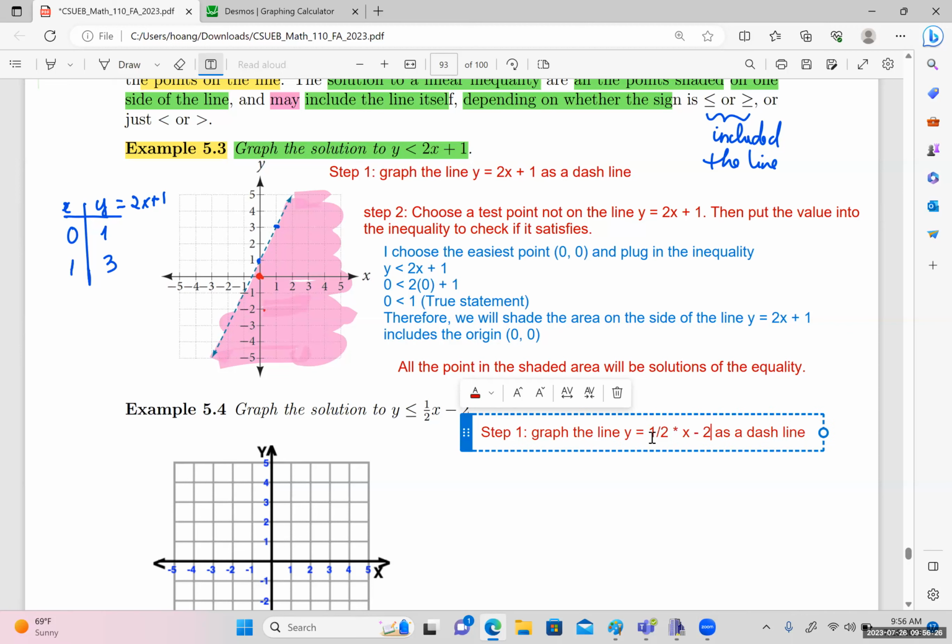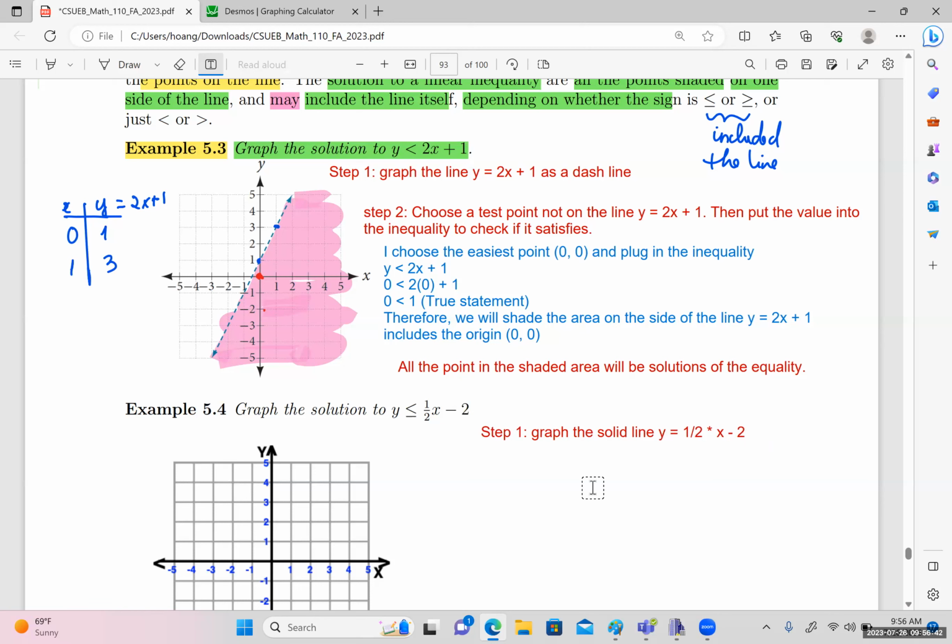For this case, since we include the equal here, like less than or equal to, we're not gonna do a dashed line, we're gonna say solid line, right? I'm gonna write 1/2 x minus 2, right?